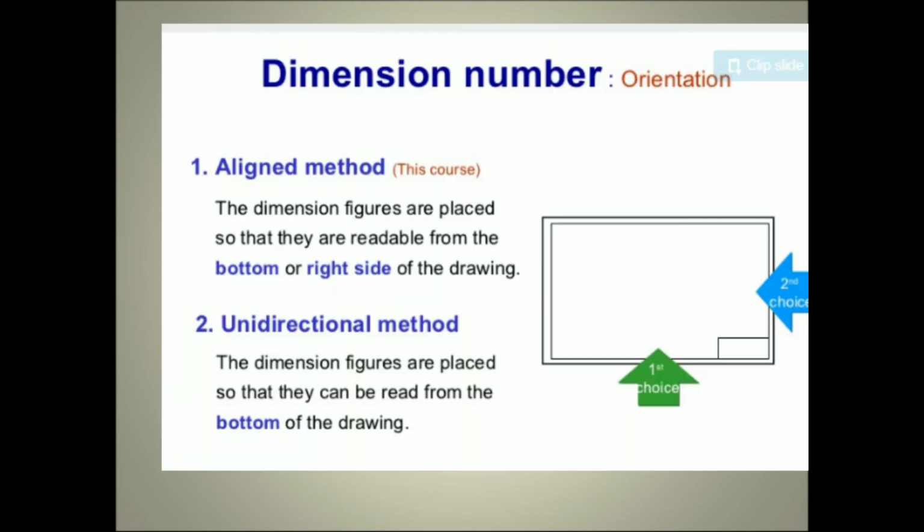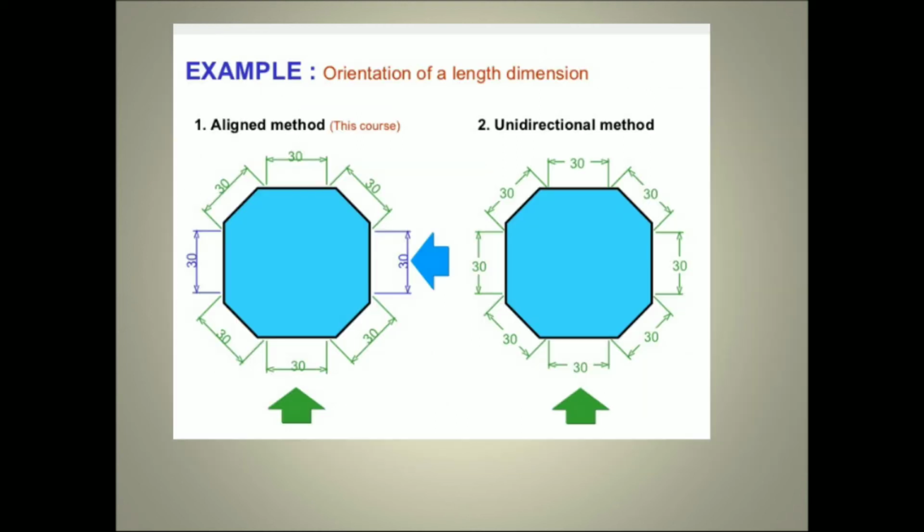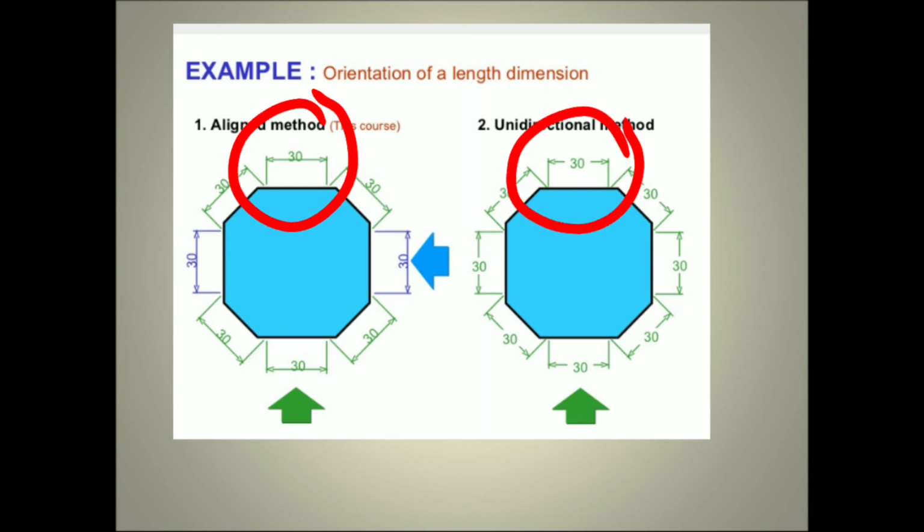Next, system of dimensioning. There are two general methods available: aligned method and unidirectional method. From these two diagrams we can observe the difference. In the aligned method, the dimension number will be either at the bottom or the right side of the drawing, but in the unidirectional method, the dimension number is in between the dimension line.